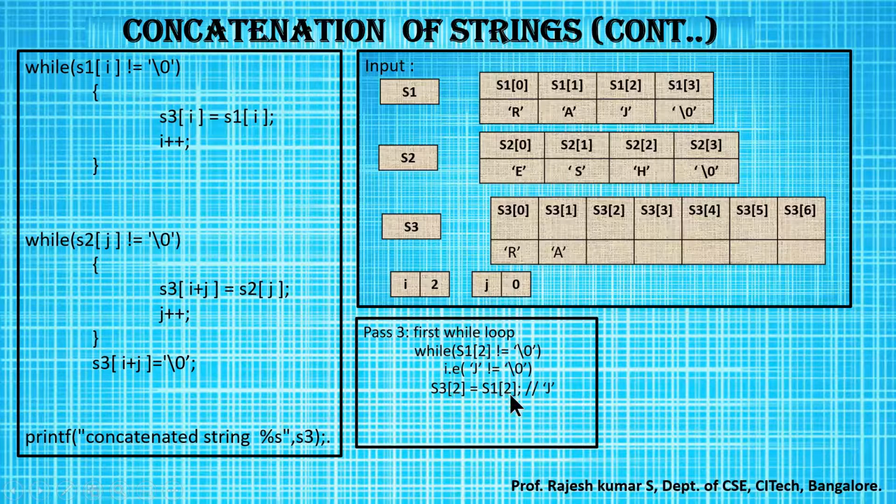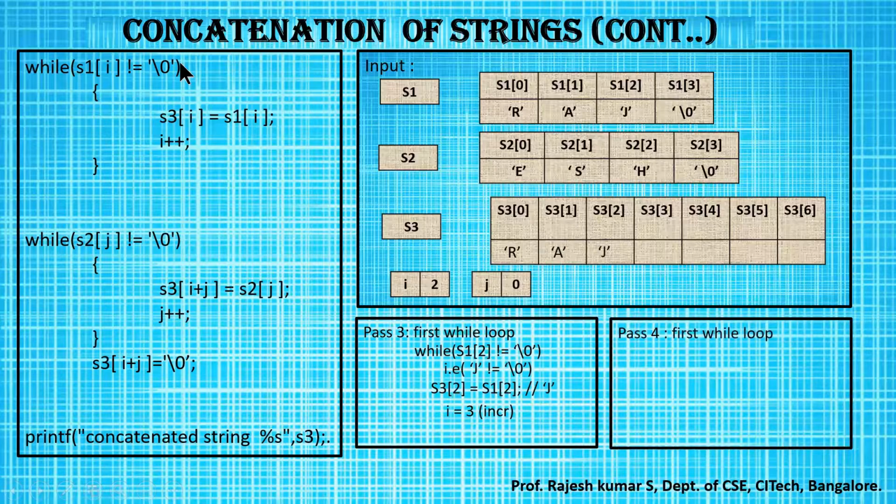So S3 of 2 is equal to S1 of 2. What is present in S1 of 2? J. So this J will be stored in S3 of 2. So you can see in S3 of 2, we have updated the character J and I gets incremented. I will become 3. Again, the looping takes place.